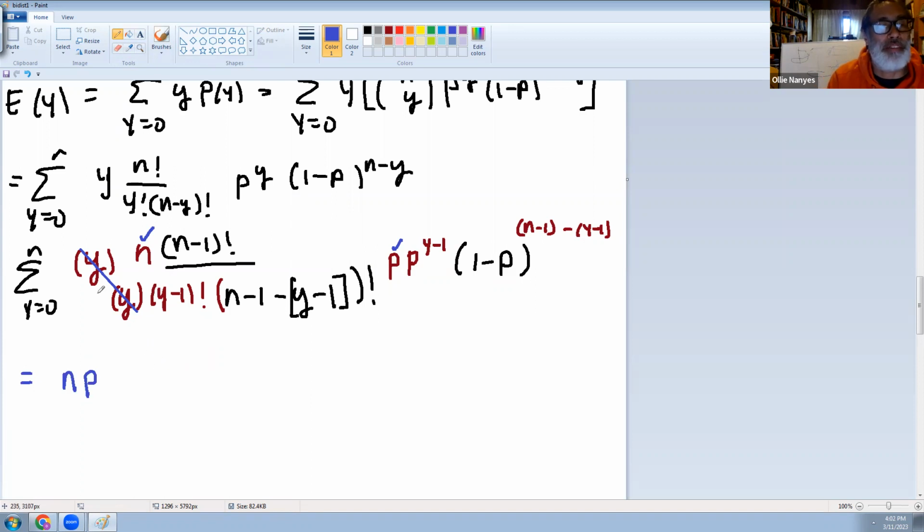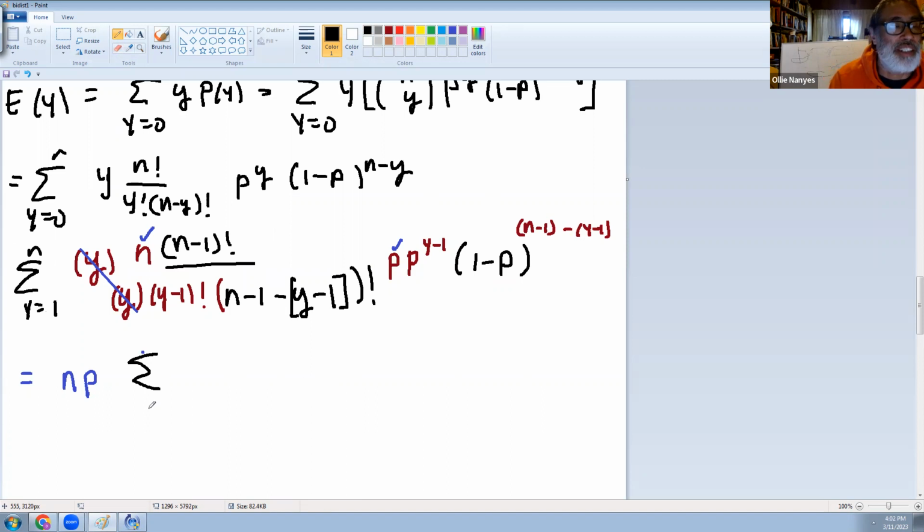Oh, and by the way, when I started adding at 0 here, the first term is a 0. This can start at 1 now because the very first term was a 0. When I put this y here, y equals 0 eliminates that first term. So I can start that as a 1. So I think I'll go ahead and make that correction here.